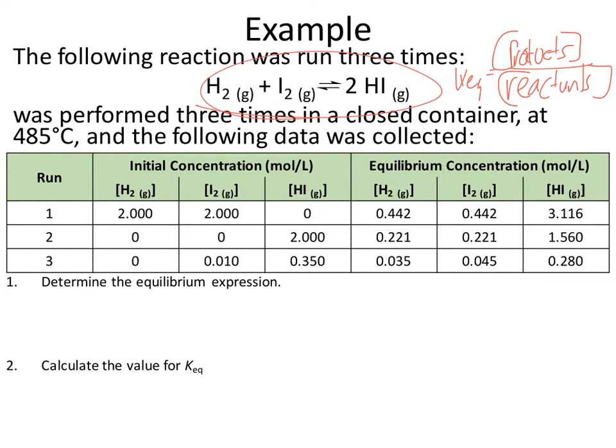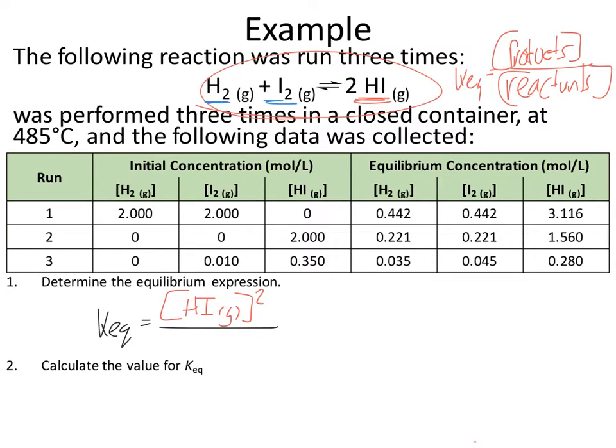So in this case, we have to look at our products, and our products are going to be our HI, and our reactants are going to be our H2 and our I2. So our K equilibrium is going to be equal to the concentration of our products, which is HI, and this is a gas, raised to the exponent of its coefficient, so 2.